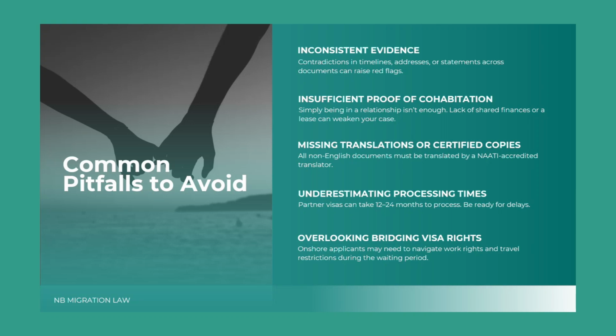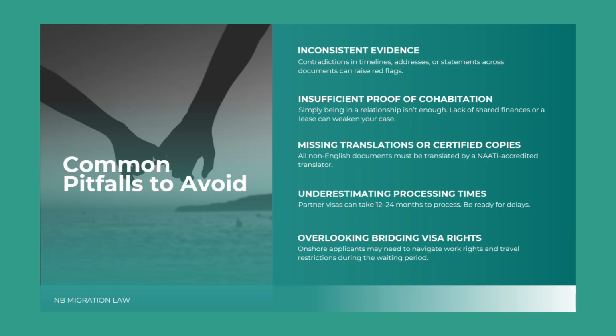Now, in relation to the bridging visa rights, right? As I've mentioned earlier, if a person has a substantive visa, meaning they are not on a bridging visa and they're not unlawful, that's the substantive visa.